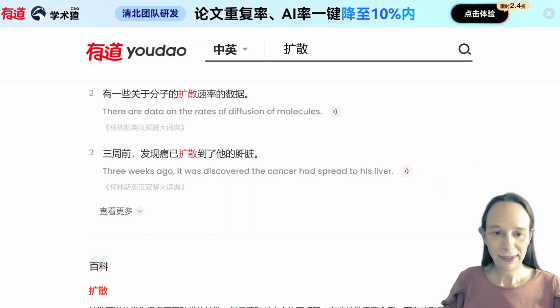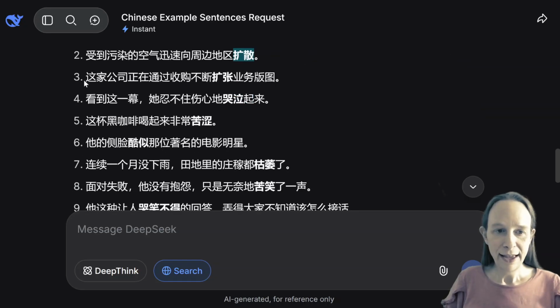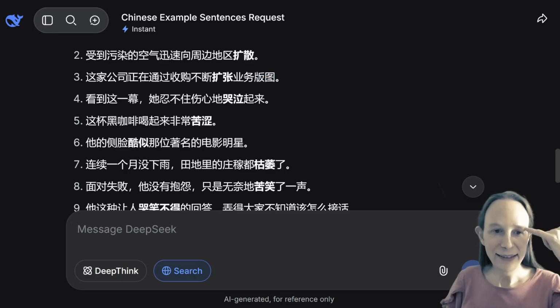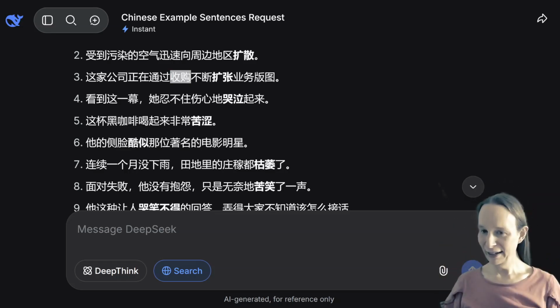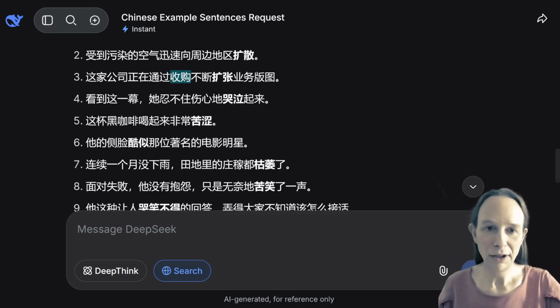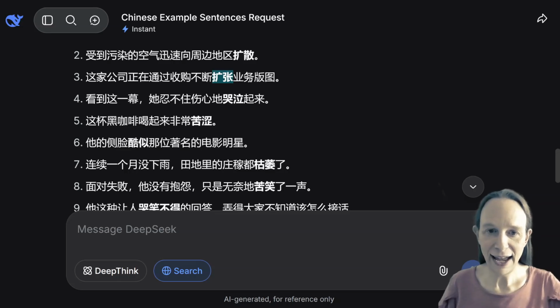肝脏. All right. 这家公司正在通过收购不断扩张业务版图. What is 版图? Okay, so the company is acquiring, 收购. 收购 literally kind of means purchase, but it's used in company acquisitions. 收购, 不断扩张业务版图. I don't know what 版图 is.